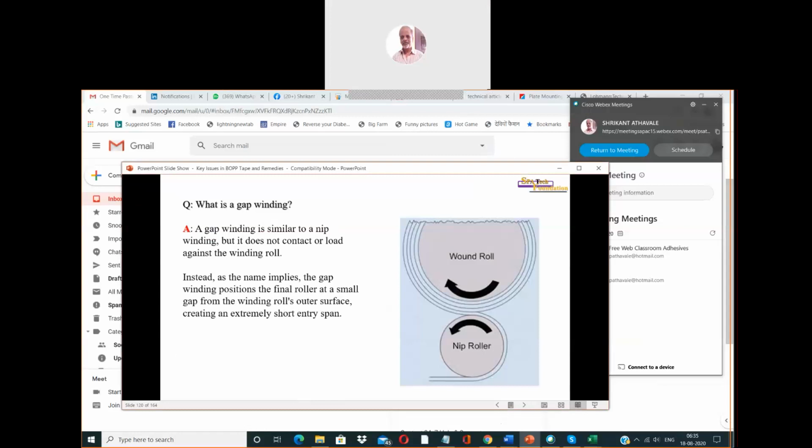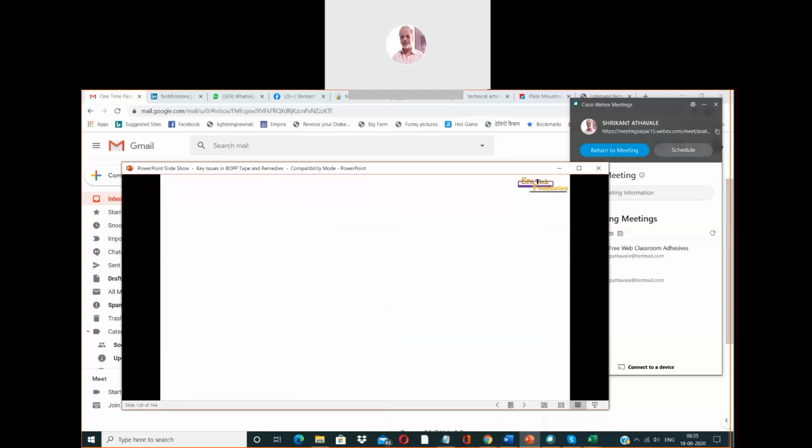Instead, as the name implies, the gap winding positions the final roll at a small gap from the winding roll's outer surface, creating an extremely short entry span.